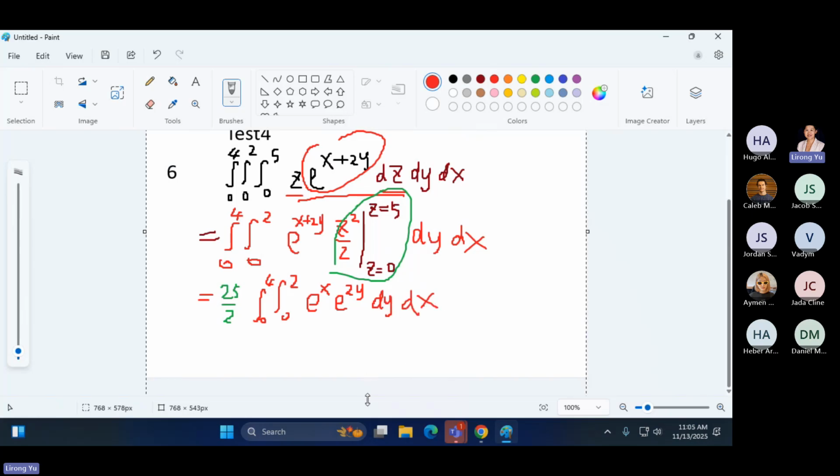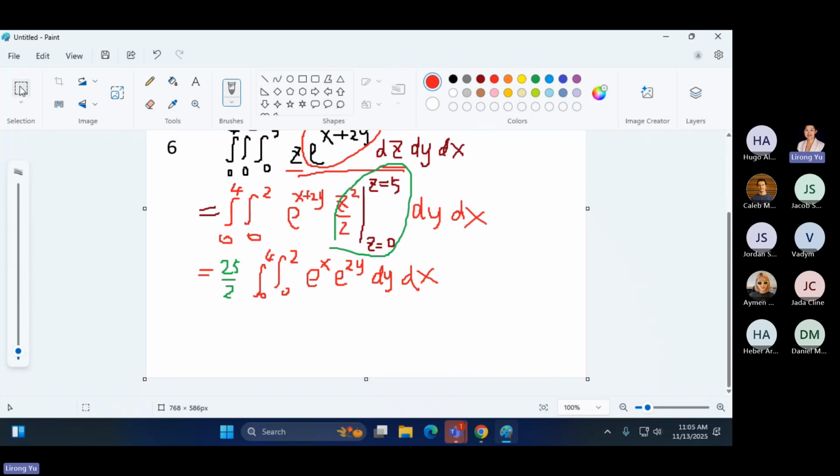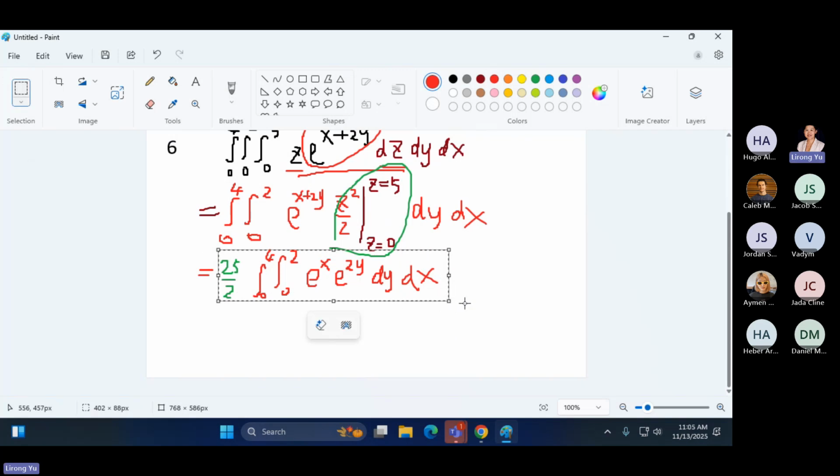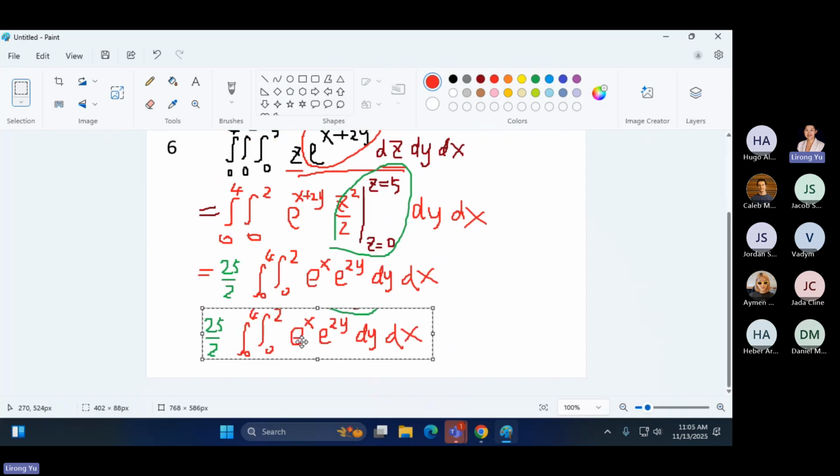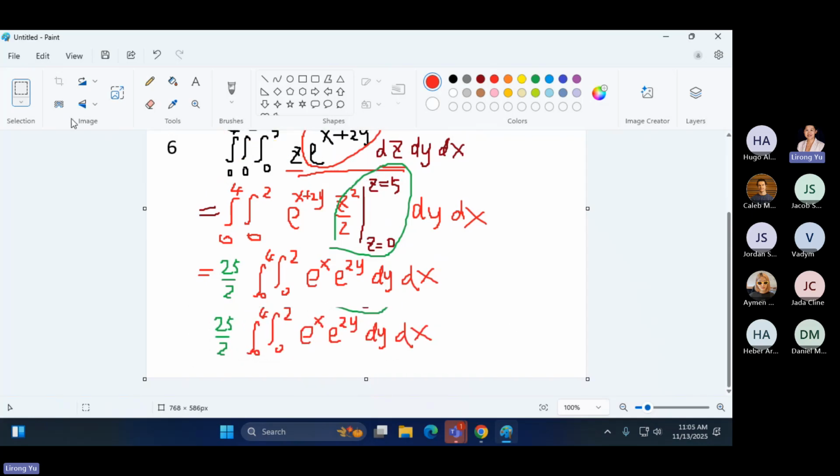The second layer of integration is integrating e to the 2y. I intend to keep the notation, so at least we copy the notation. We were supposed to integrate this part. The antiderivative according to the chain rule is e to the 2y over 2. Let me try to make it visible.